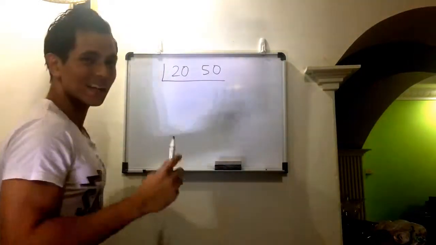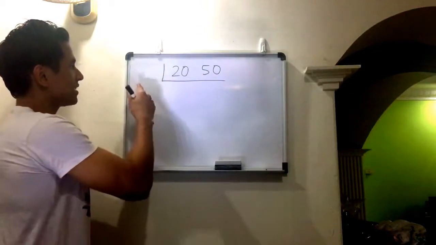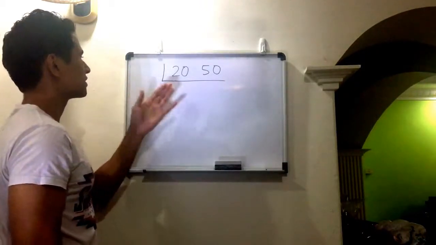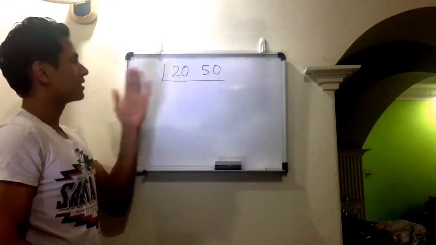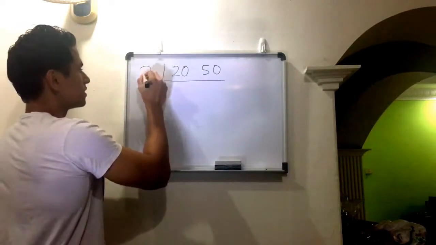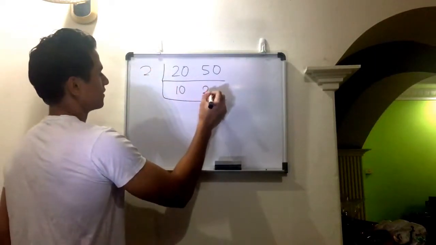So, in this case, let's pause for a moment. We realize that 2 is going to be the lowest prime number that can be used to divide these two numbers. So we're going to go ahead and use 2. So what happens is we're going to get 10 and 25.